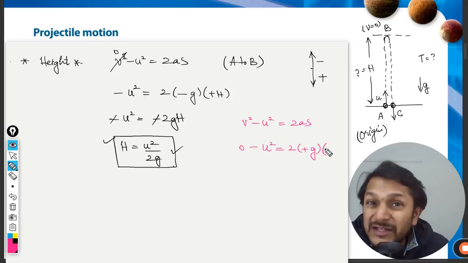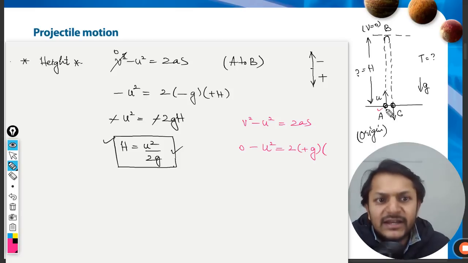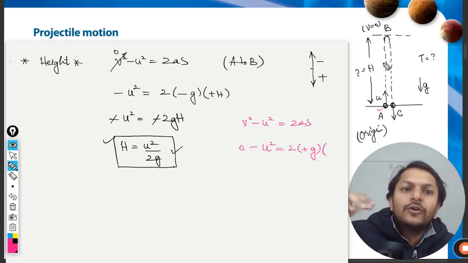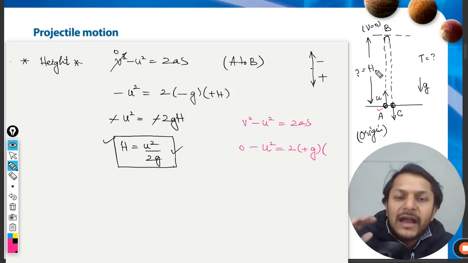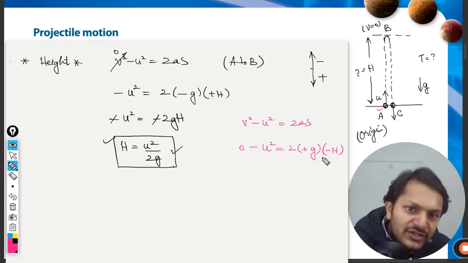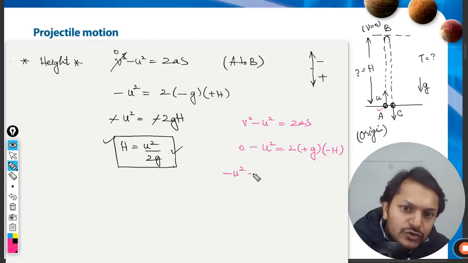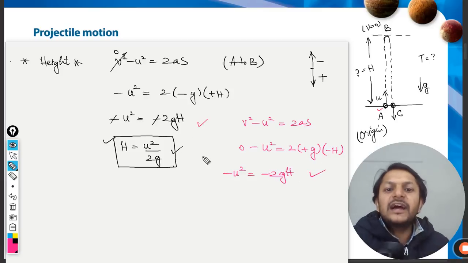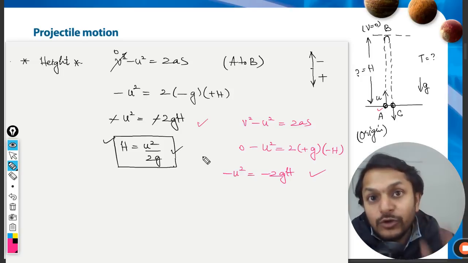But what about the displacement now? This will be taken as origin even in this case, but now it is going upward. Magnitude is h, upward is negative. So this becomes negative h now. So negative u square is equal to negative 2gh, thereby saying that we are getting the same formulation.